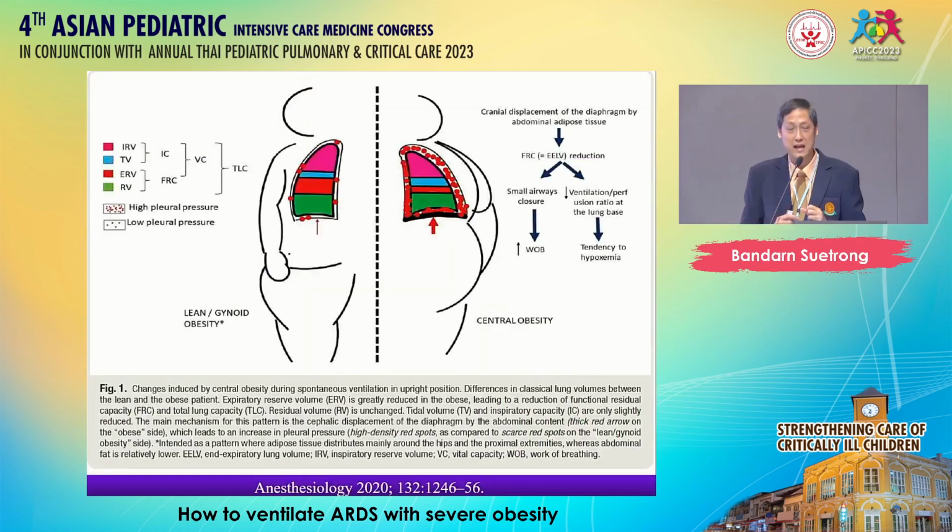And if we look at the patient with severe obesity, they are naturally strapped with fat, not a belt. So they have a natural belt strapped around their chest with fat. So even if we use a higher driving pressure, that does not allow the patient to be overinflated as easily.